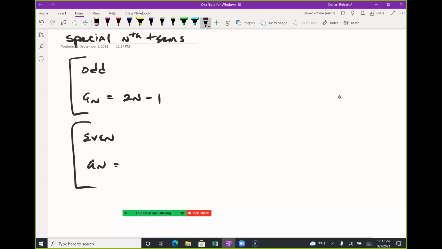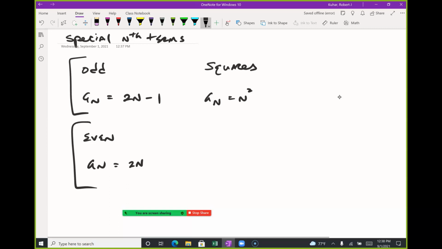Just 2n, right? So when I plug in 1, I get 2. When I plug in 2, I get 4, right? That making sense? We just saw n squareds, right? The squares. So a sub n is just n squared, right? 1, 4, 9, 16.